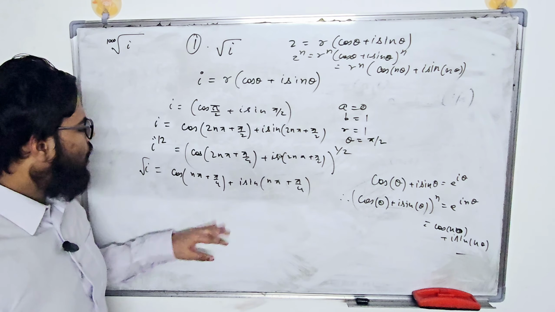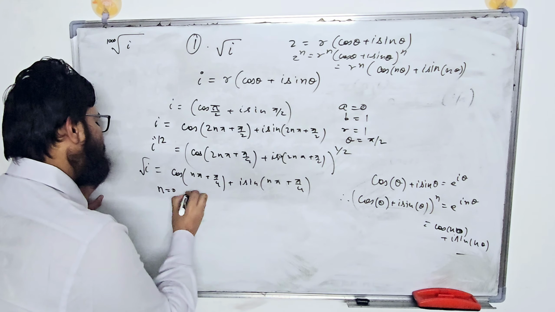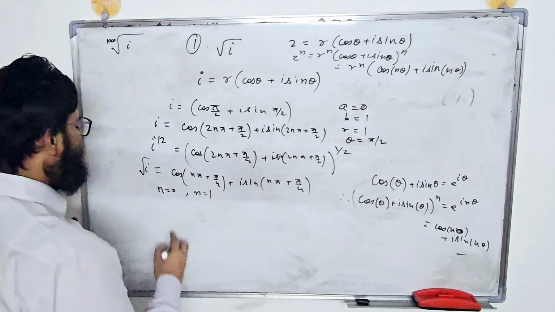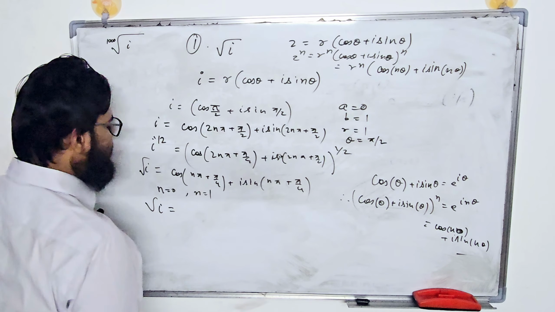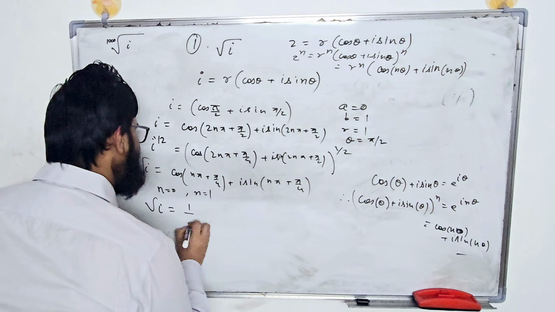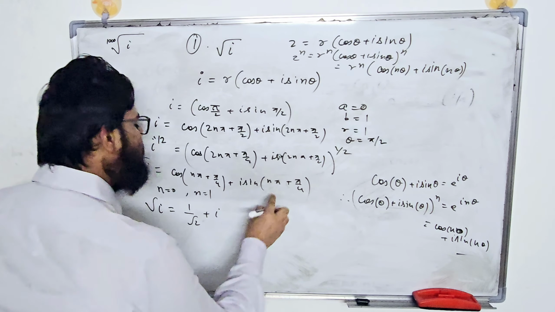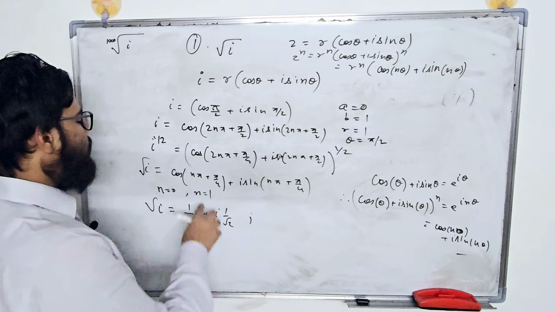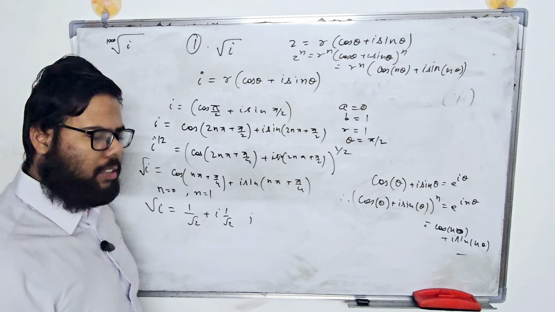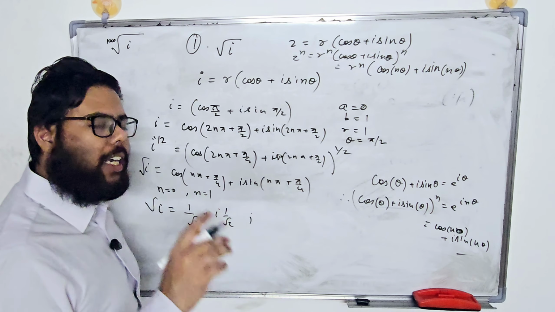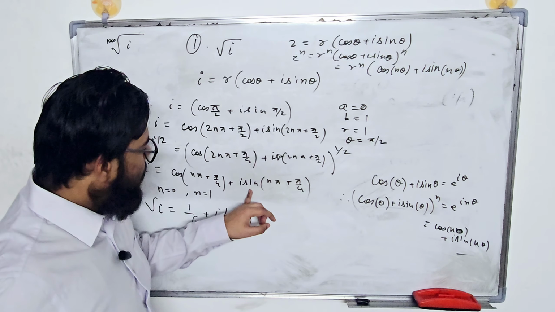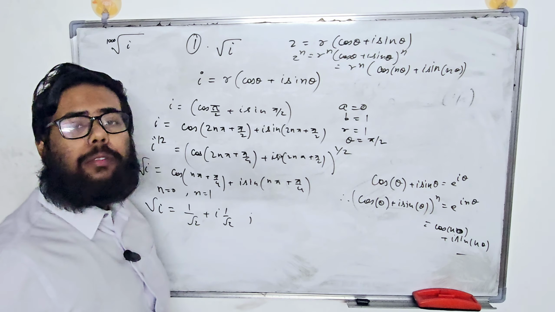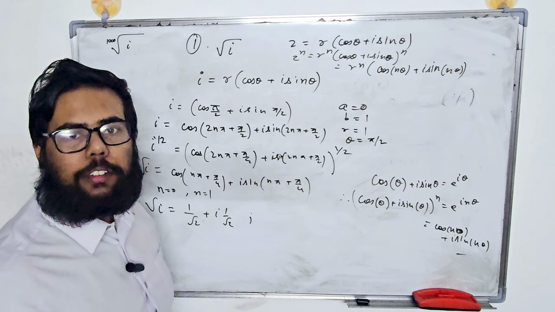Now put n equal to 0 and n equal to 1. When you use n equal to 0, you get the square root of iota as cos of pi by 4, that is 1 by root 2, plus I sin of pi by 4, that is 1 by root 2. And when you substitute n equal to 1, we get cos of (pi plus pi by 4), which is equal to negative 1 by root 2, and sin of 5 pi by 4 is negative 1 by root 2 again.